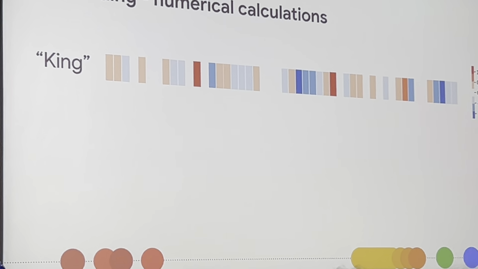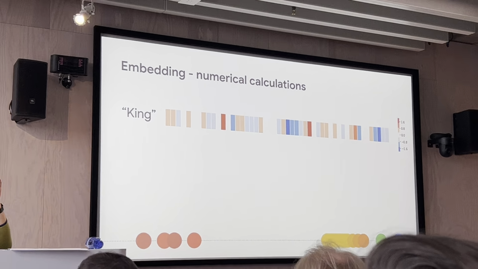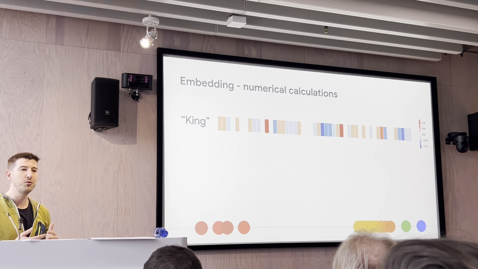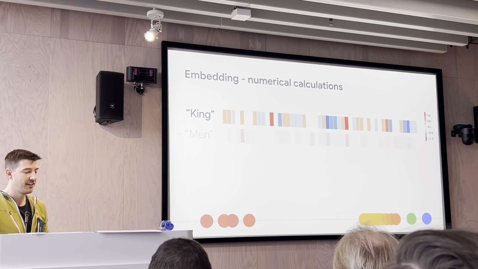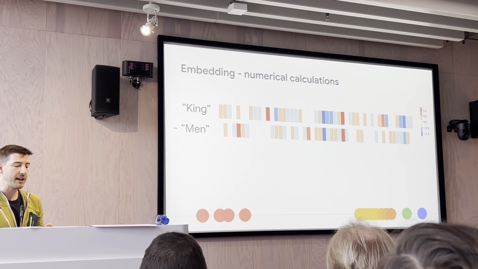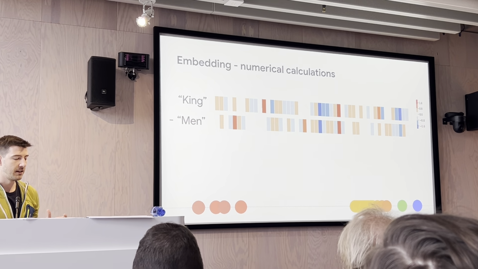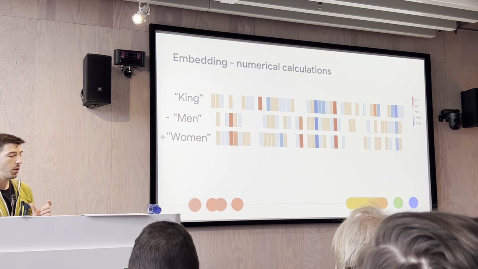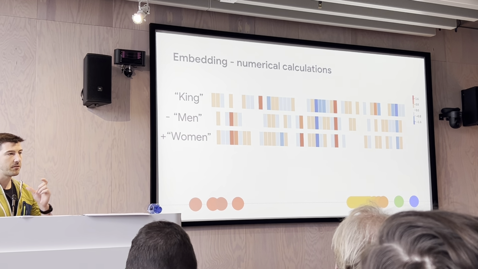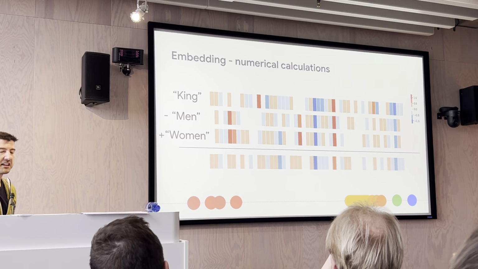It embeds, and not only for similarity searches and calculating distances, you can also do more advanced stuff. So for example, let's take king. Let's take the embedding of the word man and subtract it. We take the embedding for woman and do an addition on this, and we get a vector which is looking like this.